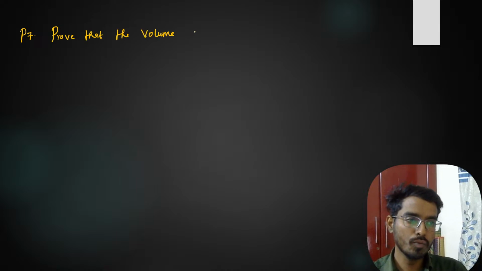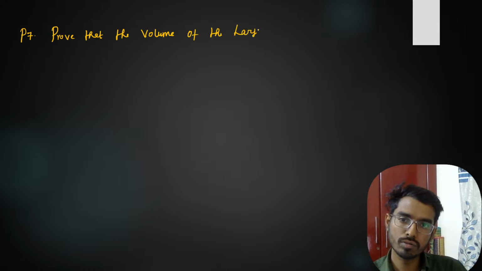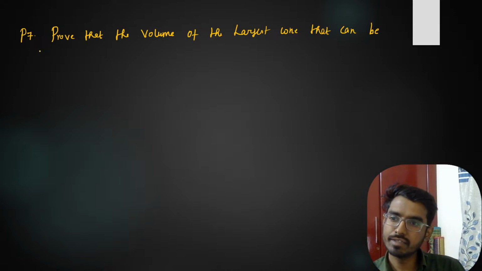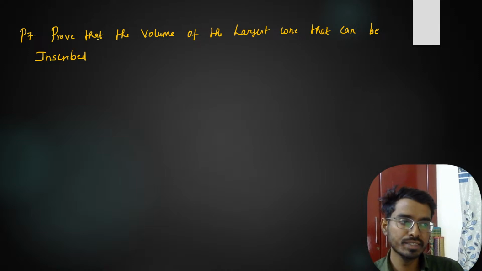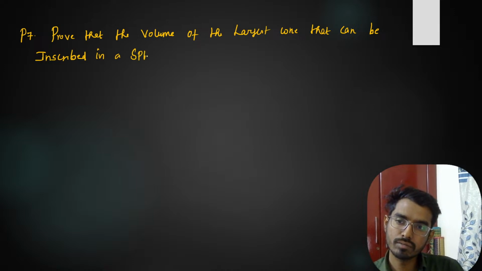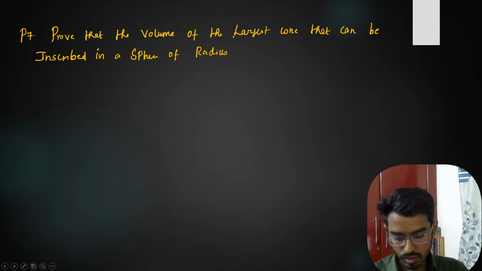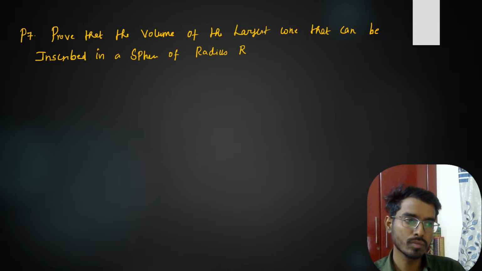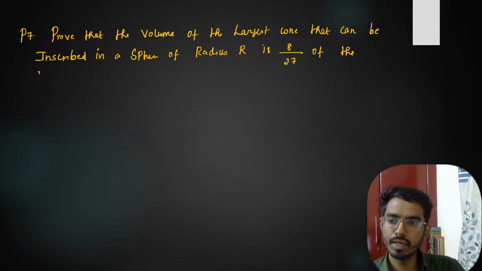Prove that the volume of the largest cone that can be inscribed in a sphere of radius r is 8 by 27 of the volume of sphere.